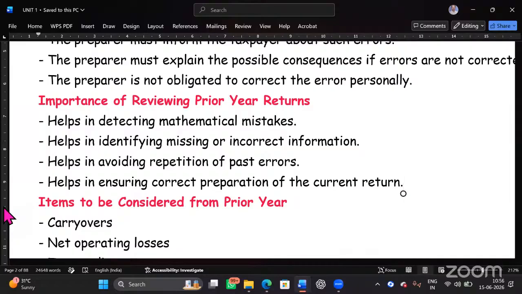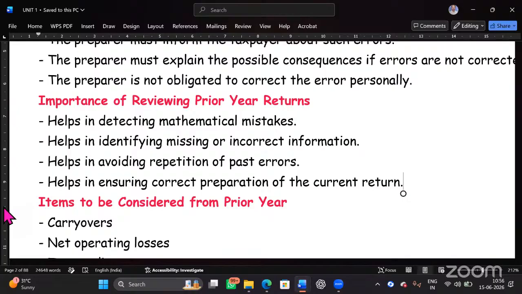Suppose one taxpayer has a bank deposit on which he is getting interest income. In the last year, he included interest income at the time of filing of the return. But in the current year, by mistake, the taxpayer did not give information about the interest income.